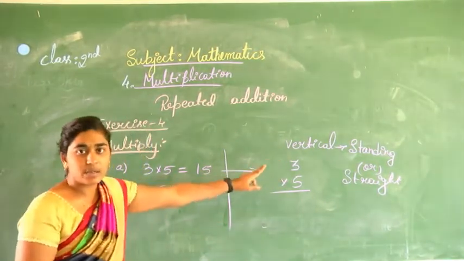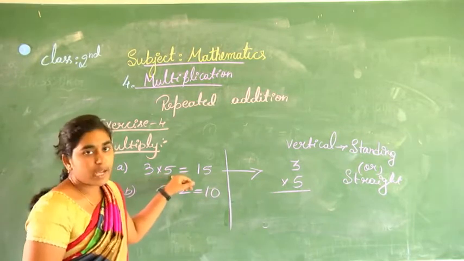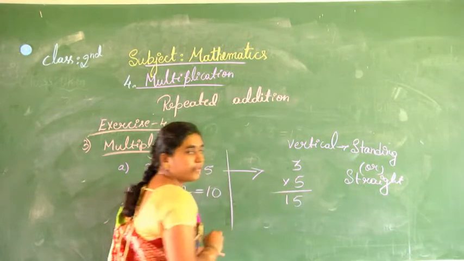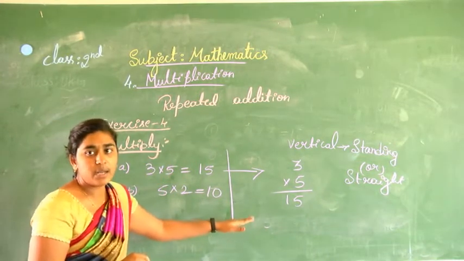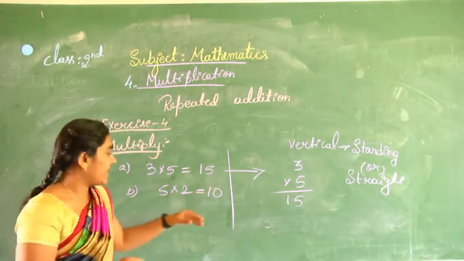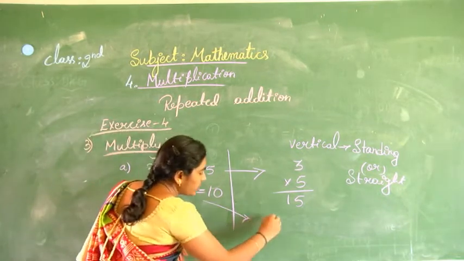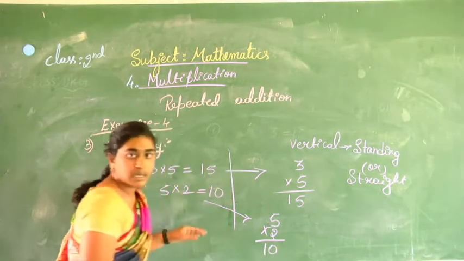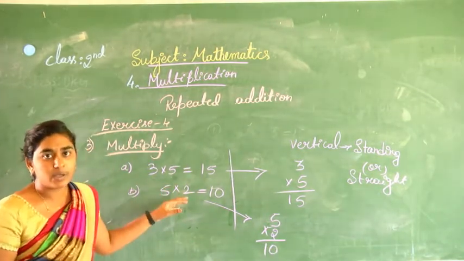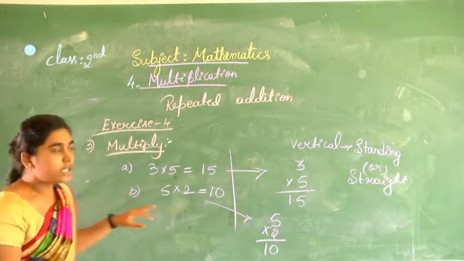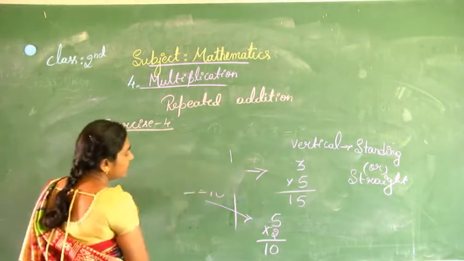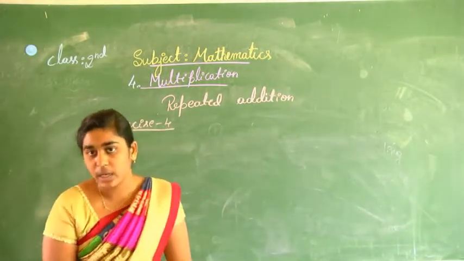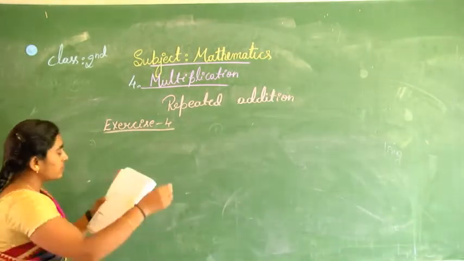Vertical means writing the question in a straight line. 3 fives I have written in a straight line. 3 fives is 15. This is a vertical multiplication or vertical addition. Here also 5 twos can be written as 5 multiplied by 2 is 10. The next exercise is similar to that. We have only 5 questions. I will show you how to write, and that is also similar to the tables only. If you know the tables, you can easily write the answers for that.